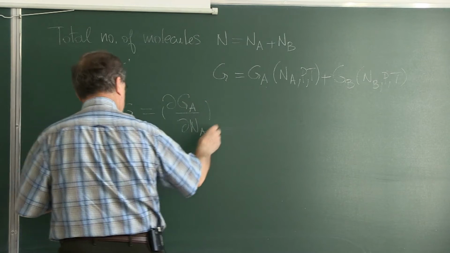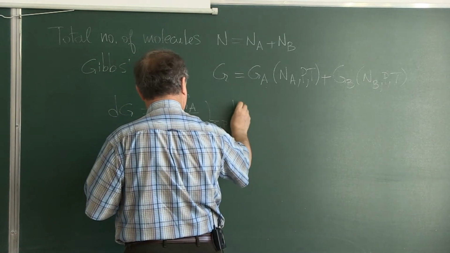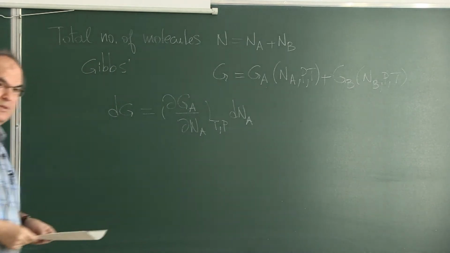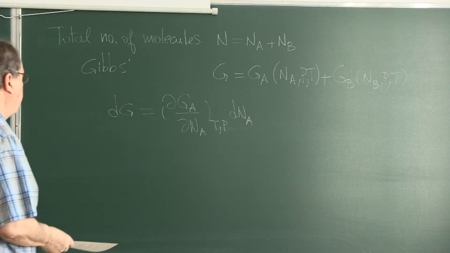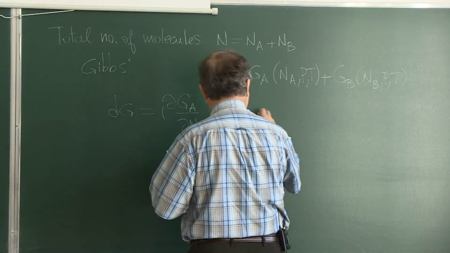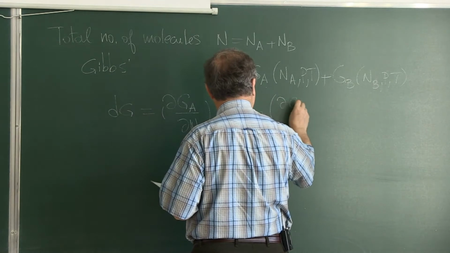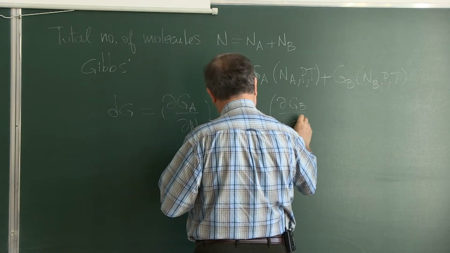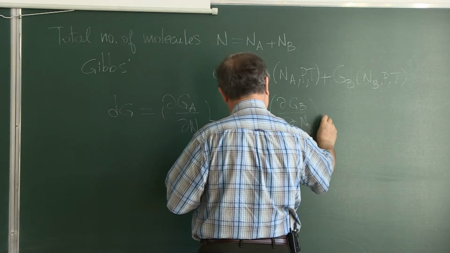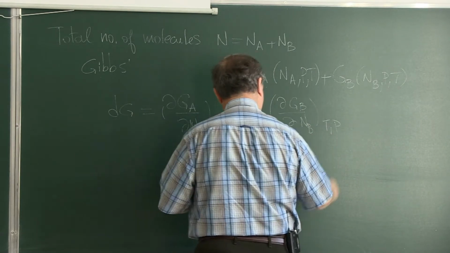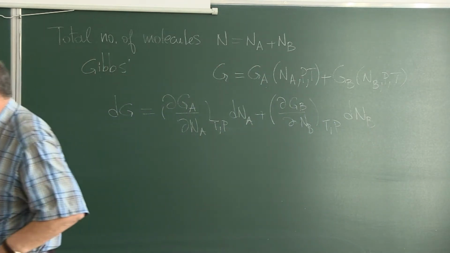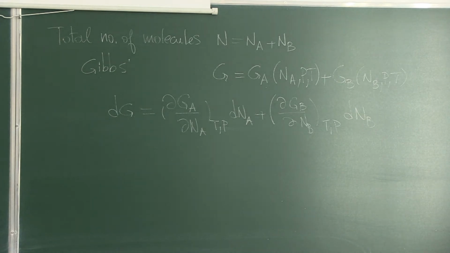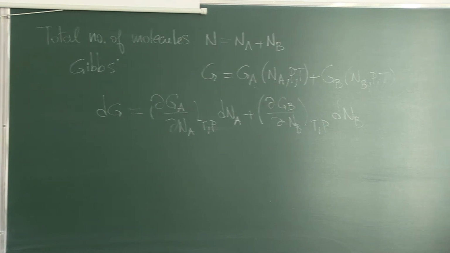As the numbers are changing, this is the change in the number in phase A, and here is the same for phase B. If the number of particles are changing, dNA will be minus dNB, isn't it?